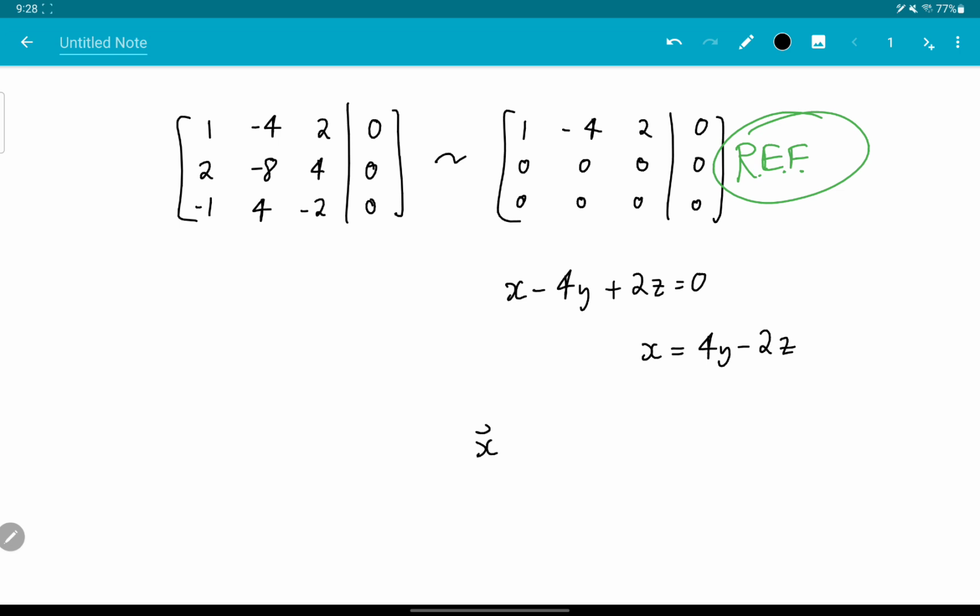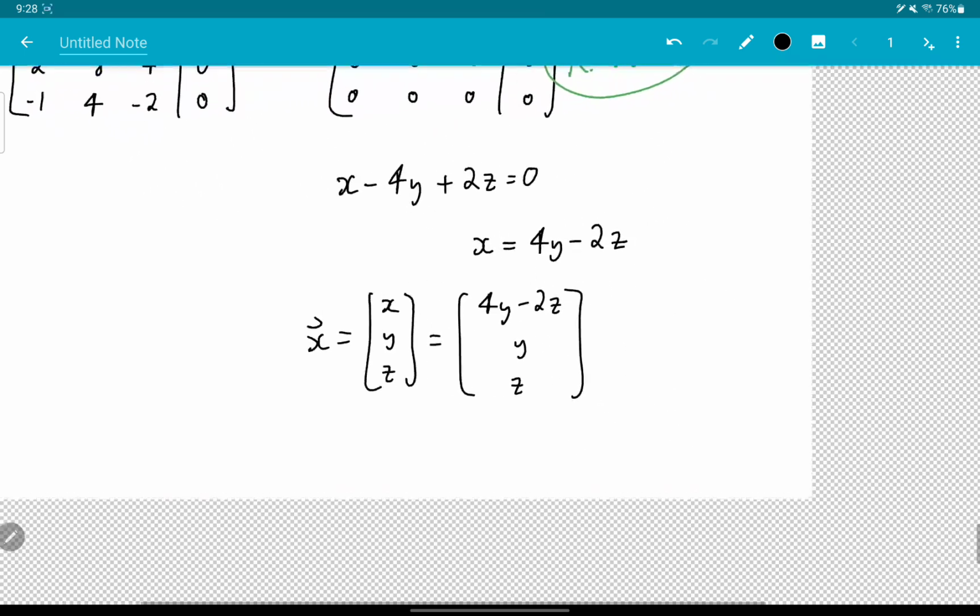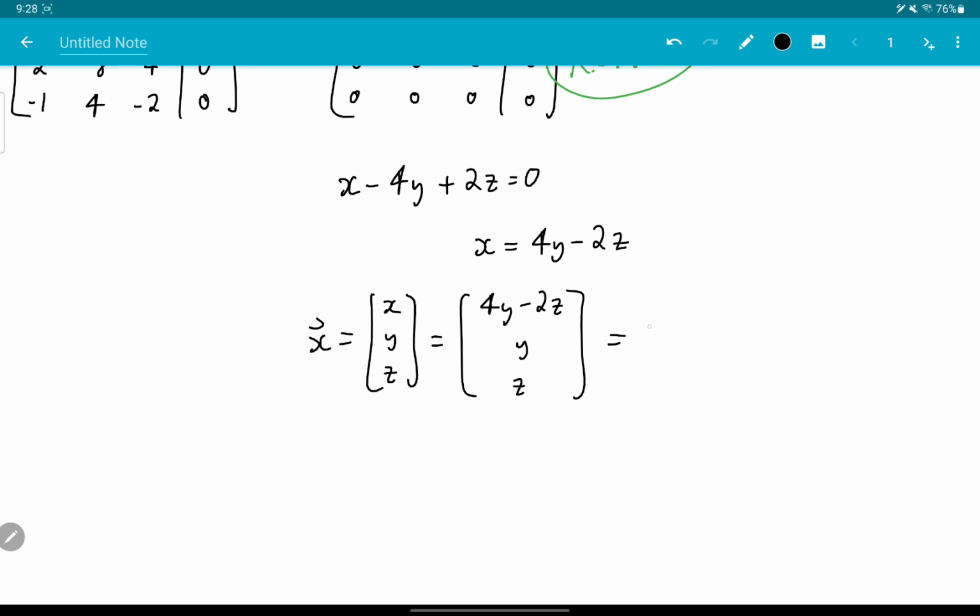I throw this into a vector. The vector being x, y, z. And then I get 4y minus 2z, y, and z. Almost there. I pull this thing apart.